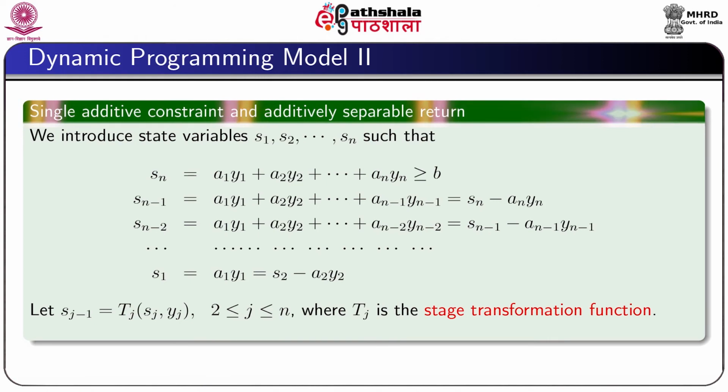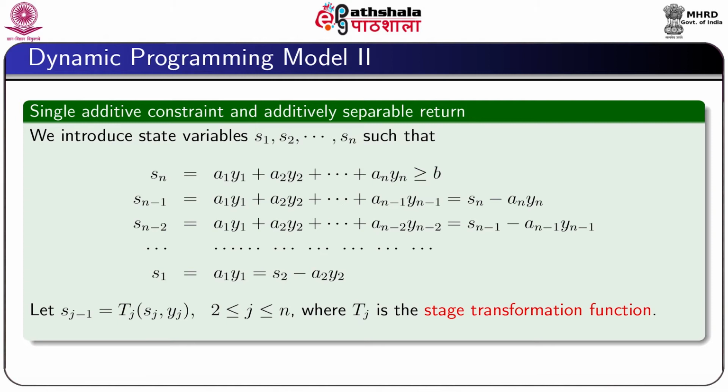Similarly, sn minus 2 equal to a1 y1 plus a2 y2 plus dot dot dot plus an minus 2 yn minus 2, which is equal to sn minus 1 minus an minus 1 yn minus 1. And finally, s1 equal to a1 y1, which can be written as s2 minus a2 y2.